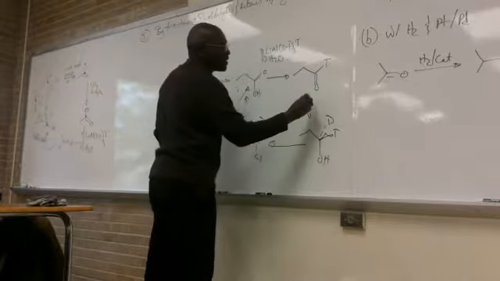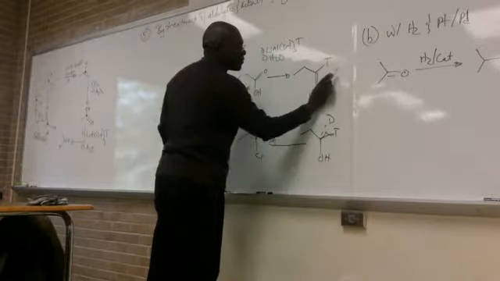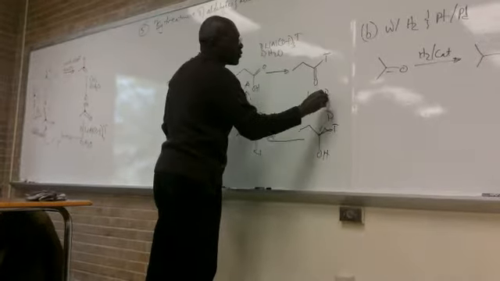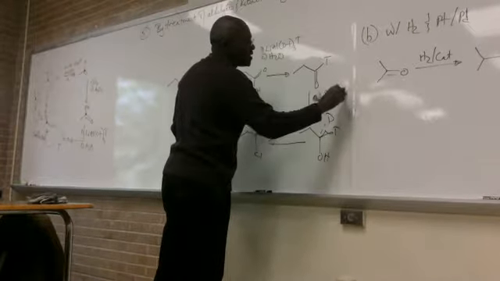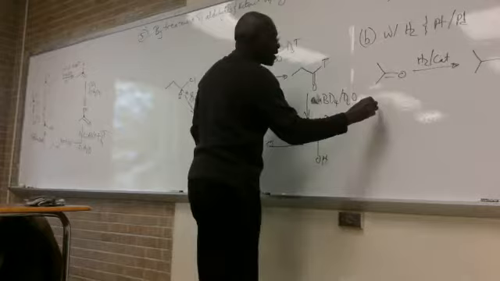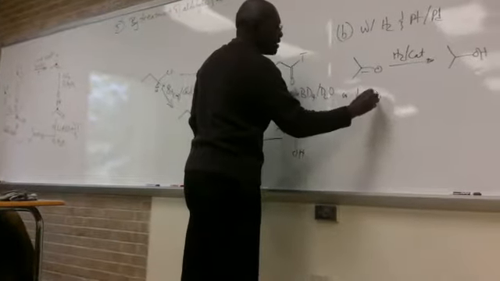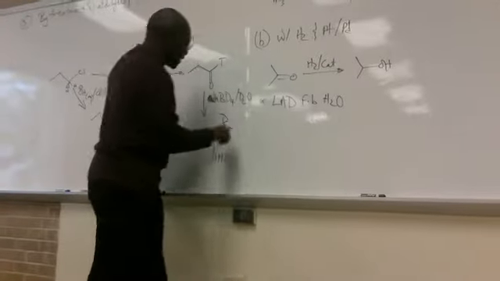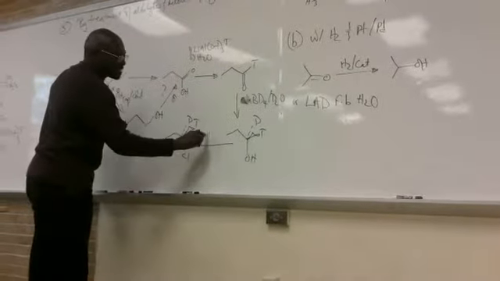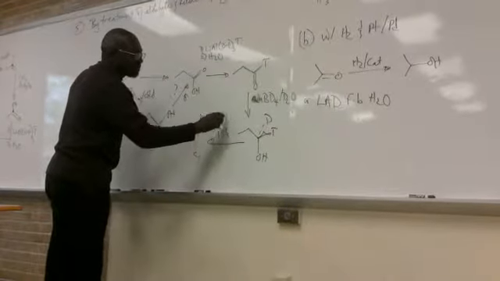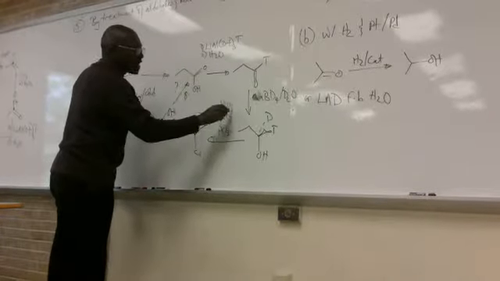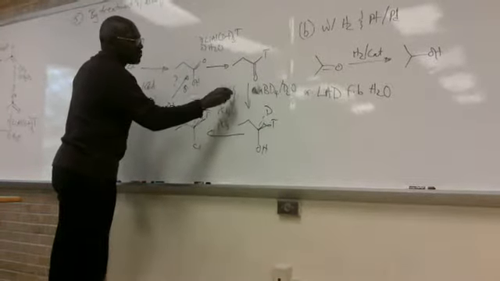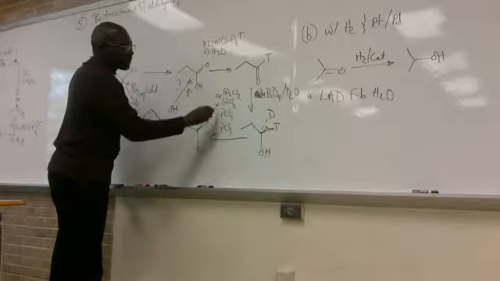And then this would be sodium borodeuteride in D2O, or I can use LAD followed by H2O, and that'll get me here. And then it's just PCl3 or PCl5 or SOCl2, any of that lot. Any one of those reagents would work.